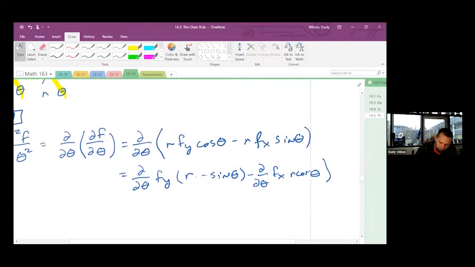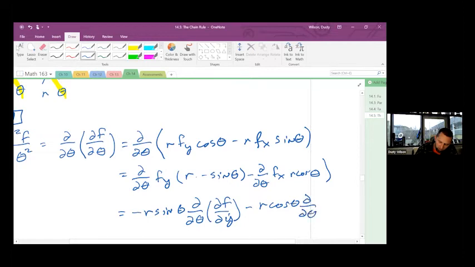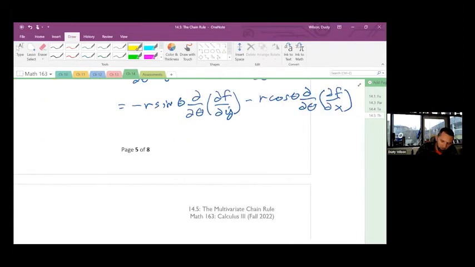Which is, let's see, this would be like saying minus r sine theta times the partial with respect to theta of the partial of f with respect to y, minus r cosine theta times the partial with respect to theta of the partial of f with respect to x. So each of these two partial derivatives is going to take a little bit of doing.